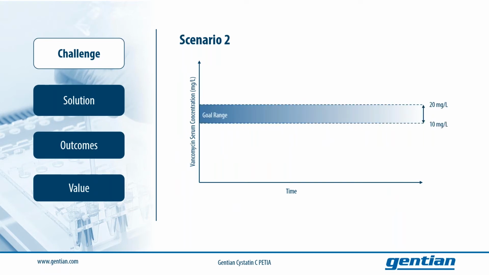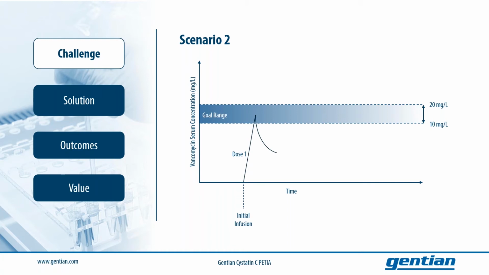The challenge facing the medical team administering vancomycin is illustrated by this graphical representation of the dosing process. We see that the therapeutic window for vancomycin lies between 10 and 20 milligrams per liter in this figure. When the patient receives the initial infusion or the loading dose, the concentration of the drug rises rapidly and begins to fall as the drug is metabolized.